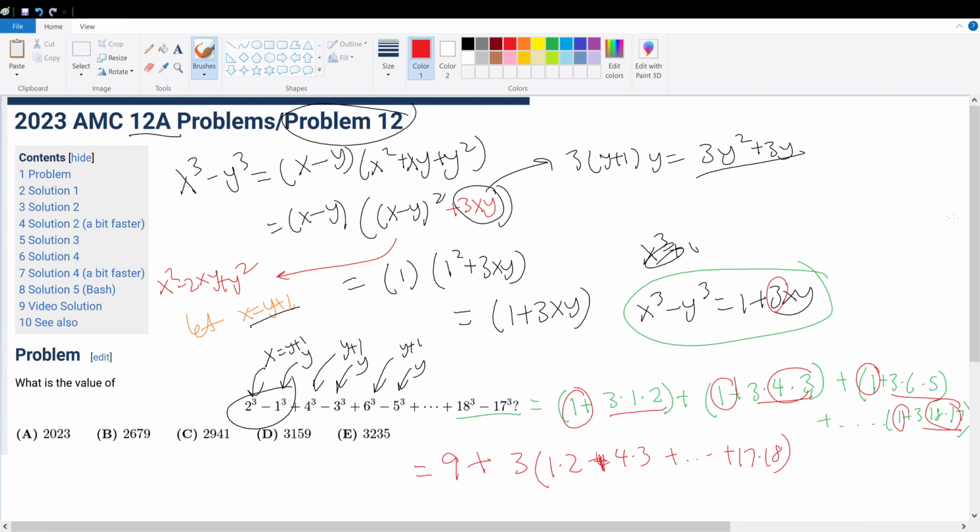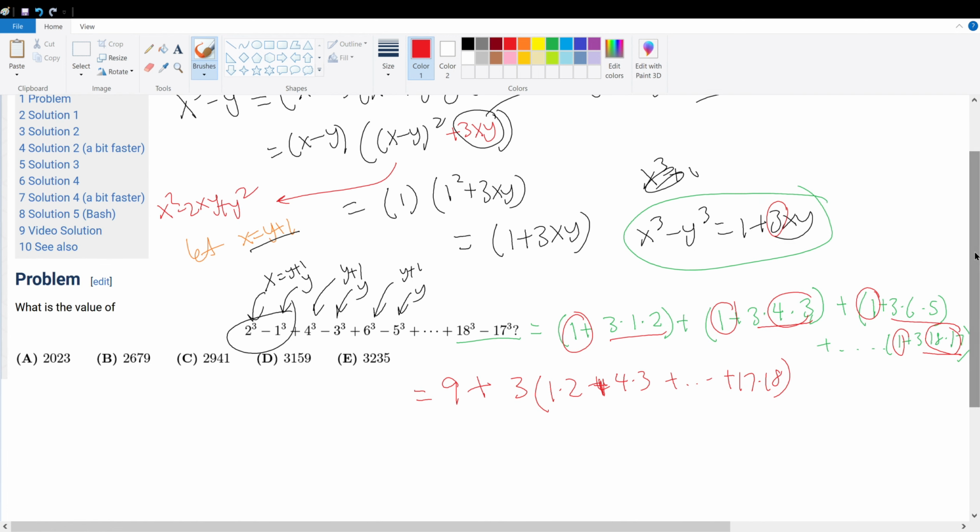This is way more simplified than the equation was before. So let's solve this now. This equals 9 plus 3 times: 1 times 2 plus 3 times 4 plus 5 times 6 plus 7 times 8 plus 9 times 10 plus 11 times 12 plus 13 times 14 plus 15 times 16 plus 17 times 18. And this will be our solution.